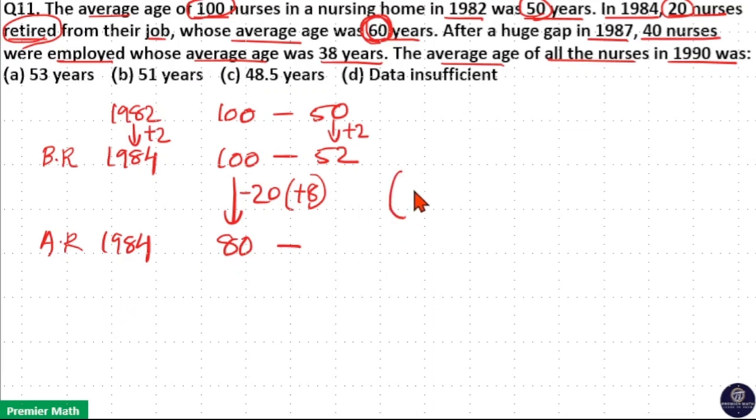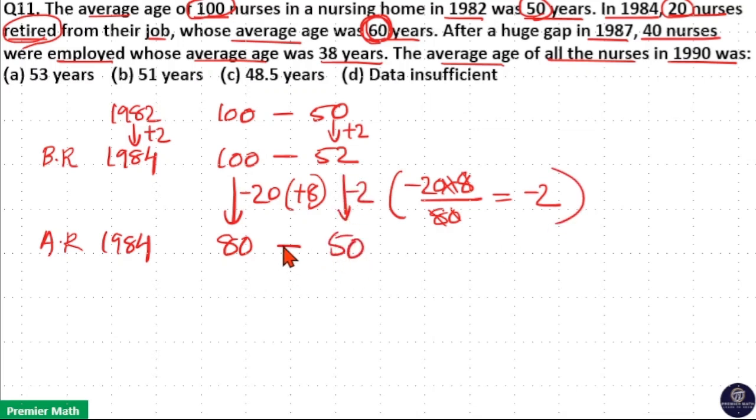So decrease in average is 20 into 8 divided by 80, because this 20 into 8, 160, was distributed to these 80 people. So decrease in average is minus 2. 52 minus 2 is 50. 50 is the average of 80 people.